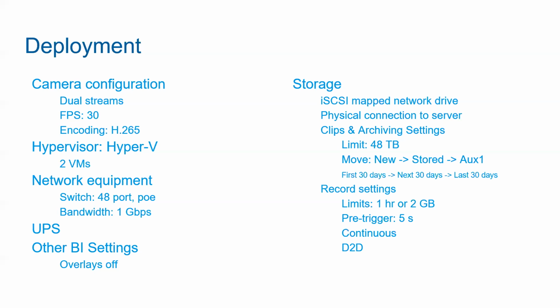Hey, how's it going? Question on the dual streams. You mentioned it a couple times, and I'm still not really sure what you mean by that. What does that do? Let me explain my setup.